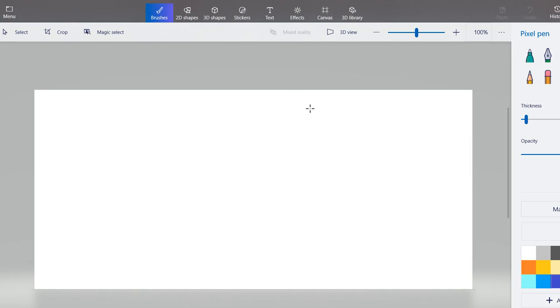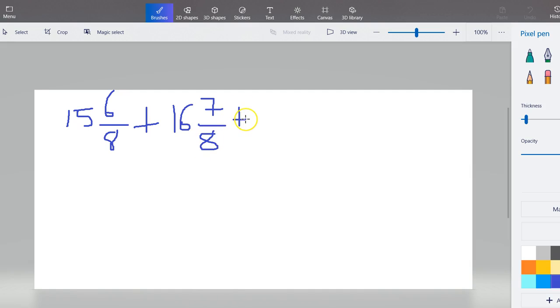So we went from the original fractions to fractions that had the same denominator, because we found the LCM was 8. Now we have the following fractions: 15 6/8, 16 7/8, plus 5 4/8. As you can see, now our fractions all have the denominator 8.